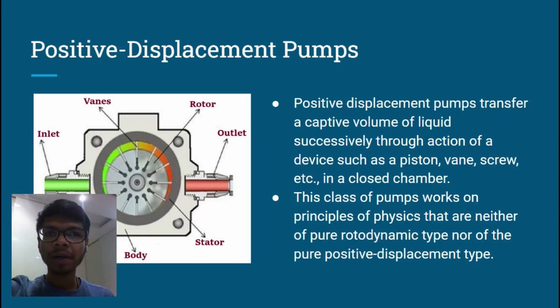This class of pump works on principles of physics that are neither of pure rotodynamic type nor of the pure positive displacement type. Positive displacement pumps are designed to ensure that any pumping action is forward. Its internal design ensures and prevents fluid from recirculating back towards the pump inlet or within its casing.